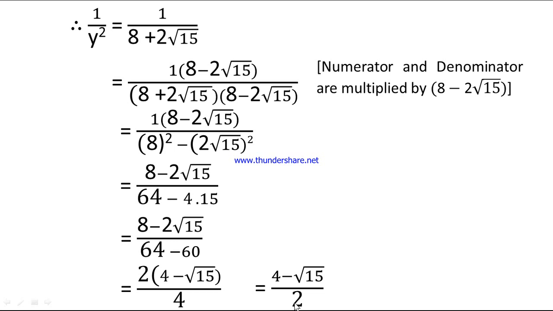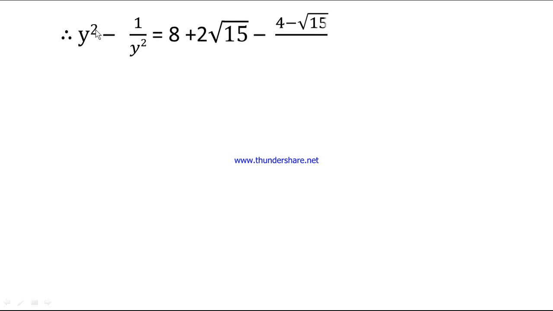So we have determined that 1 by y square is equal to 4 minus root 15 by 2. Therefore y square minus 1 by y square is equal to 8 plus 2 root 15 minus 4 minus root 15 by 2.